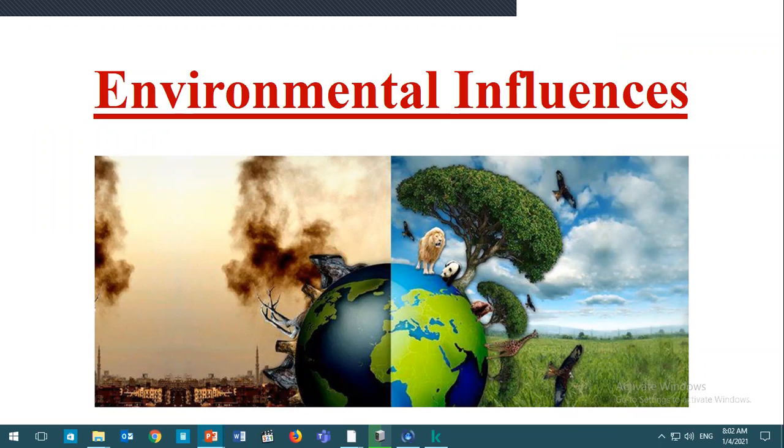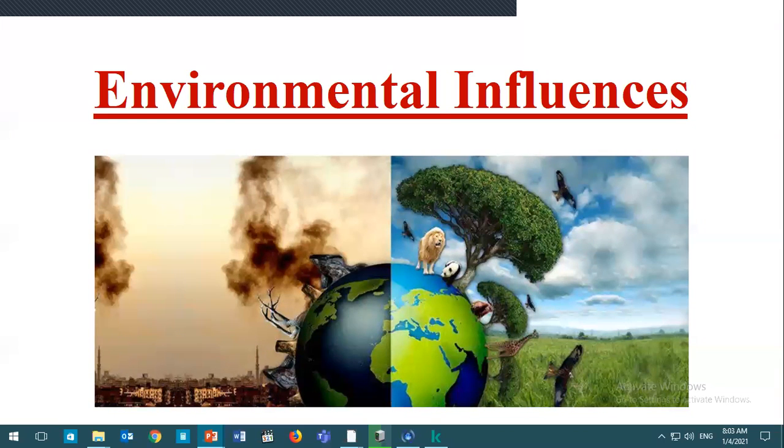So some features, characteristics or behaviors are the result of environmental influence, or what's going on around them, because an organism's environment is everything in its surroundings, right?